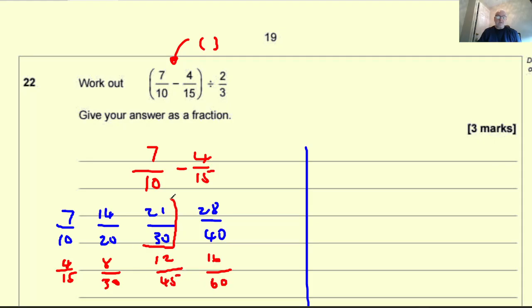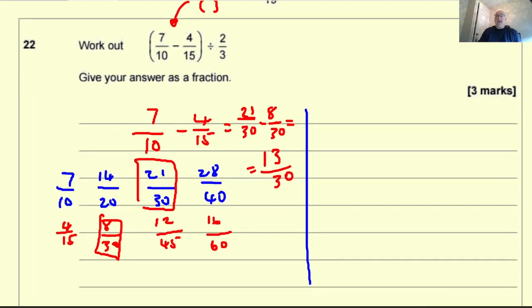So the first one that's going to intersect is 30, denominator of 30. So I could rewrite that as 21 over 30 subtract 8 over 30, which is going to give me 8 away from 21 is going to give me 13 out of 30.